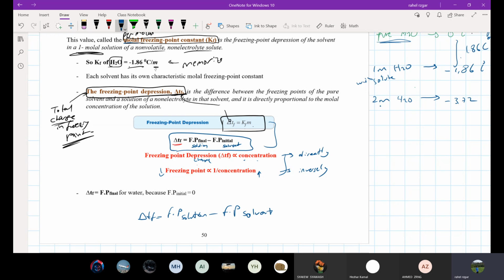How do you make this 0 Celsius? Do you have to write this 0? No. So always for water, only for water, everyone, pay attention. Only for water, delta Tf is equal to the freezing point of the solution.